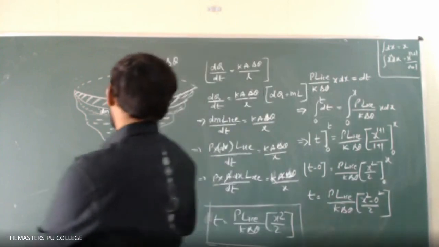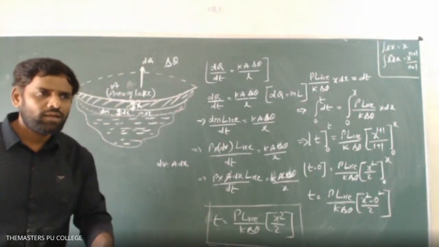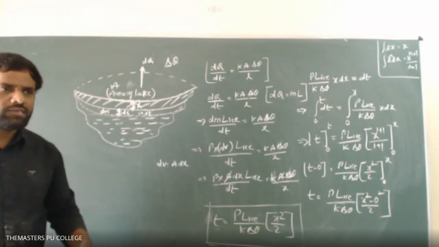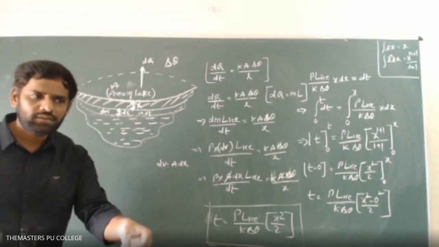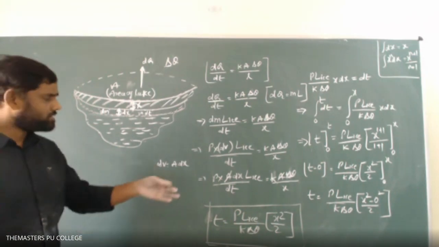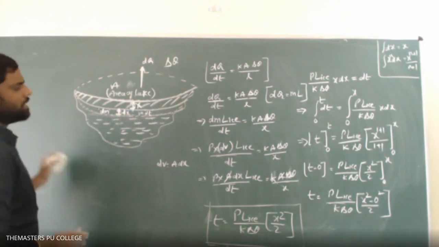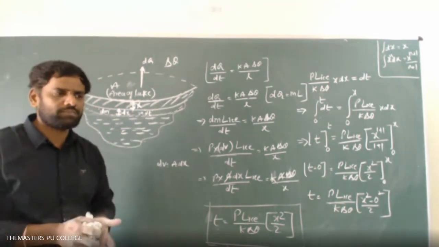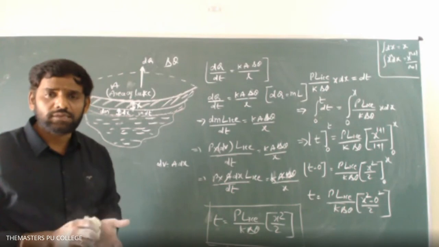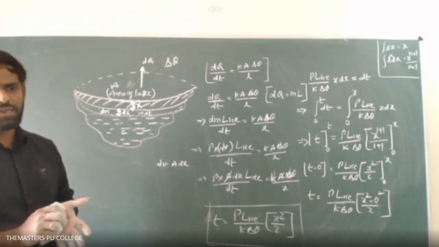So dm amount of the water is frozen into ice, so that the thickness of the ice layer increases by dx.